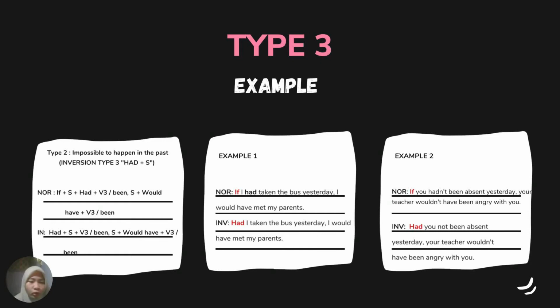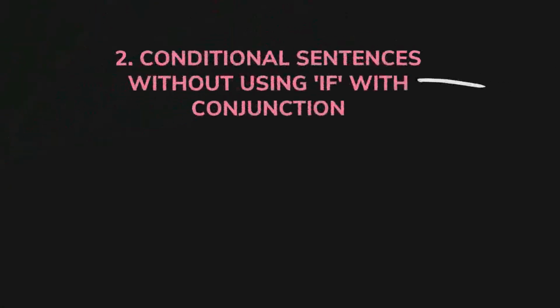So the formula for the normal pattern is if, and then the subject you, and hadn't been. And for the inversion type, what we have to change is the word if becomes had, and then we put the subject you, and we put not after the subject because it's a negative meaning, and then we put been, and the rest of the sentence is the same.